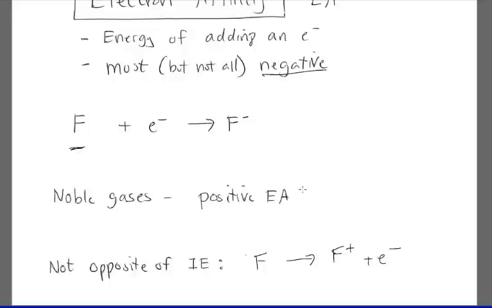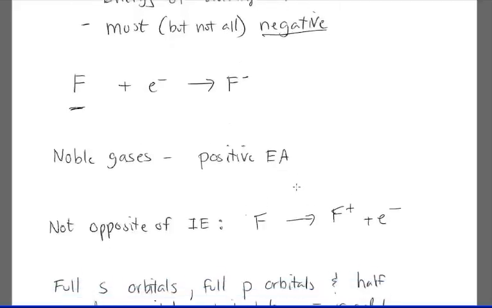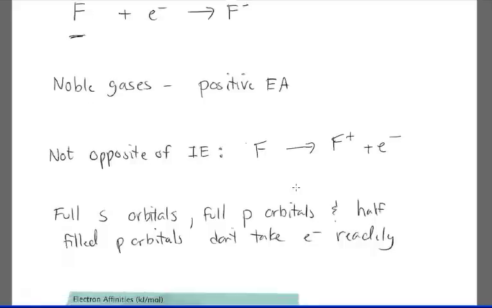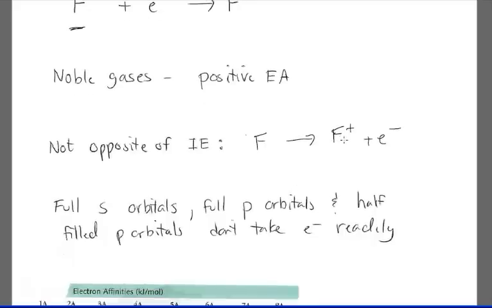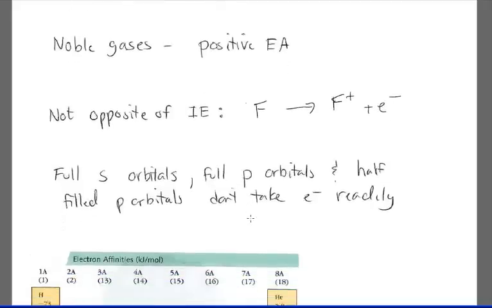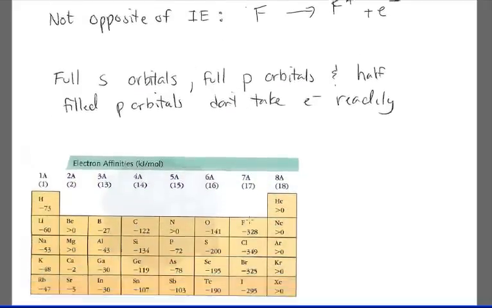So it's not the same thing. Keep those straight. Although you certainly could talk about the electron affinity of F+, the electron affinity of F is the neutral atom. All right, so here are the trends in electron affinity in this chart.